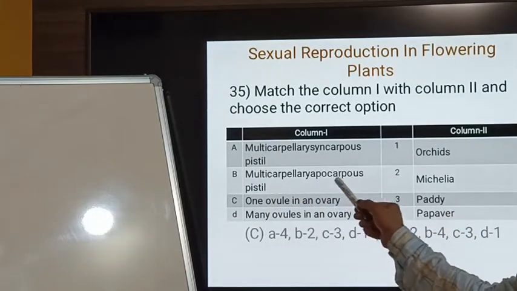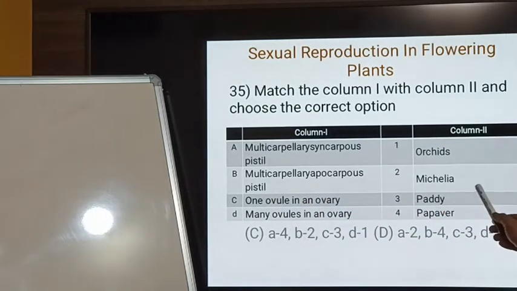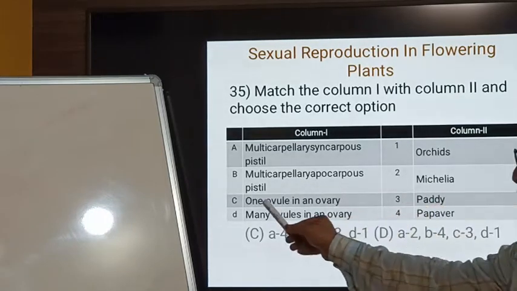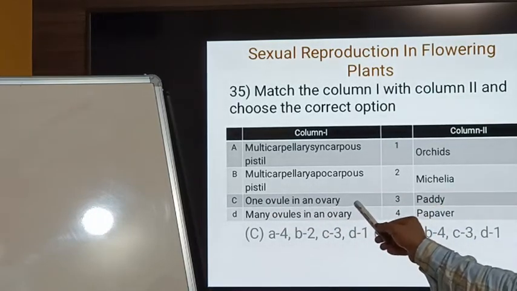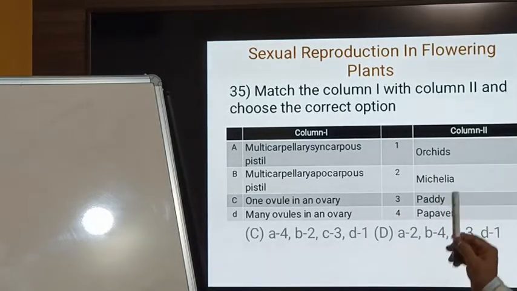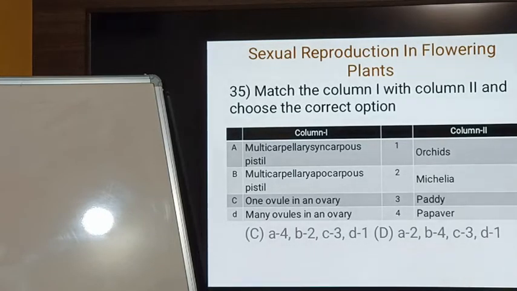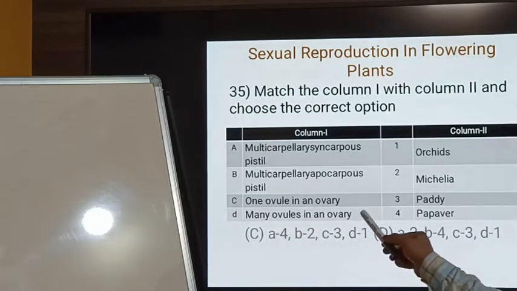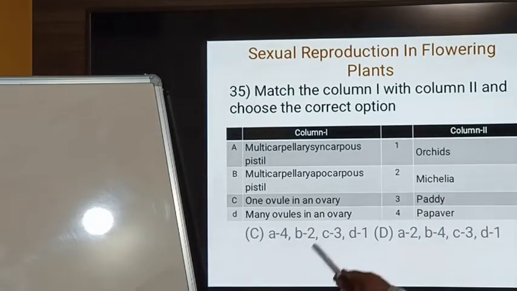Multicarpellary apocarpous pistil, Michelia champaka. One ovule in an ovary, that's paddy. These are wind pollinated plants, which generally contain a single ovule in the ovary. Many ovules in one ovary, orchids. So check the options.